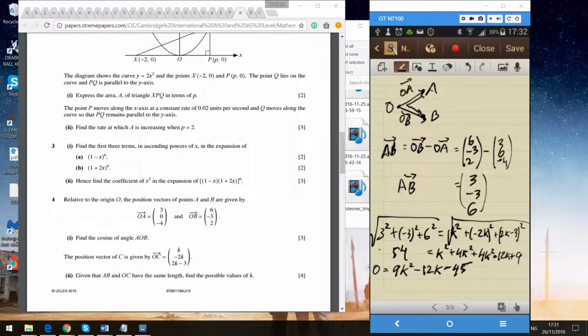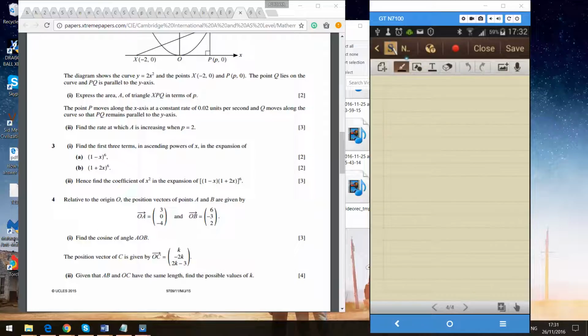And dividing both sides by 3, we get 3k squared minus 4k minus 15 equals 0.